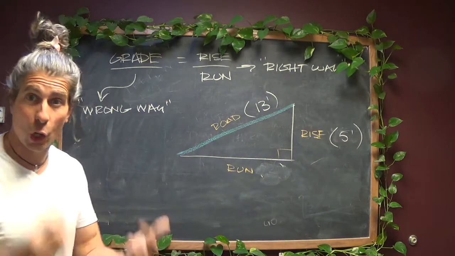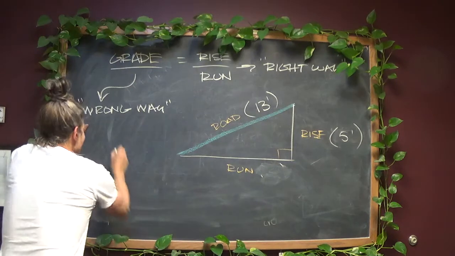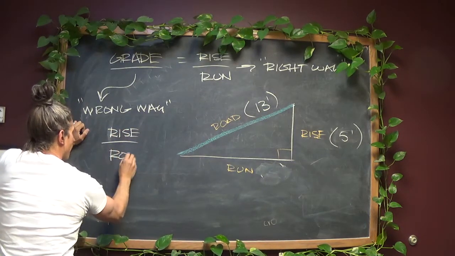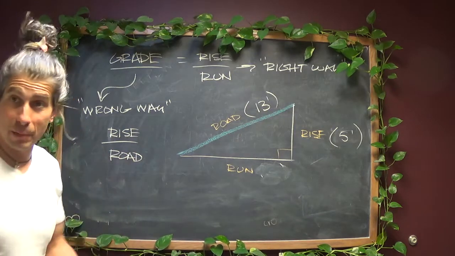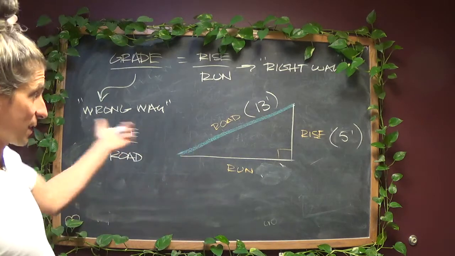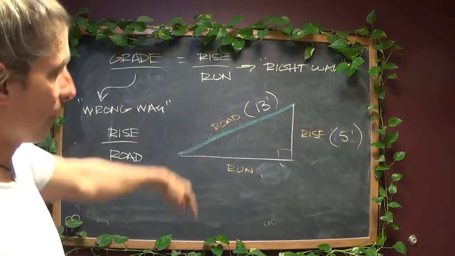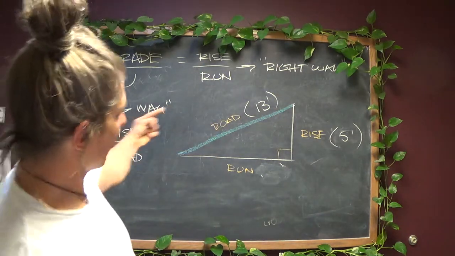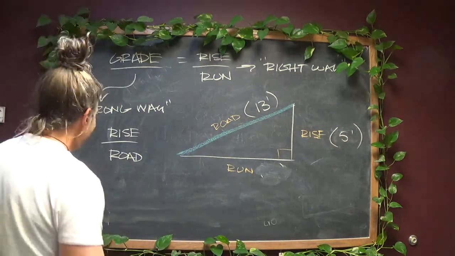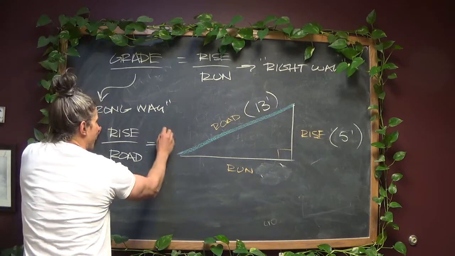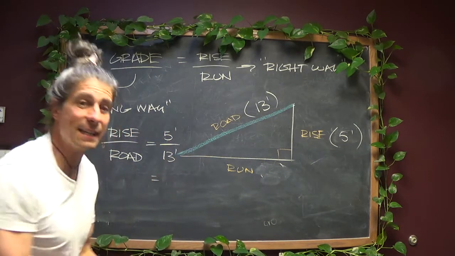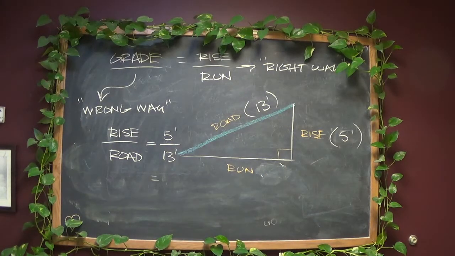In the wrong way of doing grade calculations, all you do is you take the rise and divide it by the road. Now, very often those numbers are easily gotten from things like tracking apps. For example, the elevation change is 5 feet and we traveled 13 feet along whatever we traveled along. So the rise over the road is 5 feet over 13 feet, which is 5/13. I can't do that one in my head. Let me do a quick Google calculator.